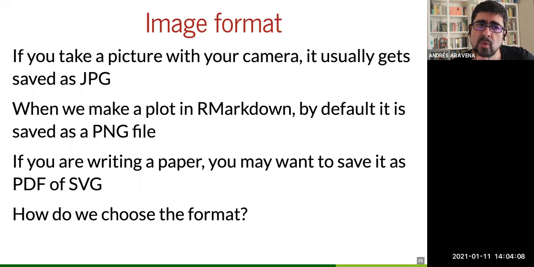When we do graphics with Markdown, normally we get a PNG file. But if you write a paper, you want to use something else that is called PDF or SVG. Depending on the journal, some take PDF, some take SVG. Do you know the difference between all these formats? They are completely different. The JPEG, PNG, and PDF are completely different.